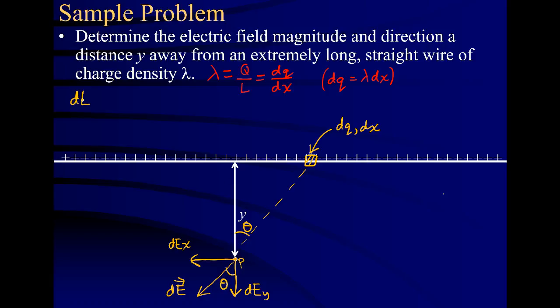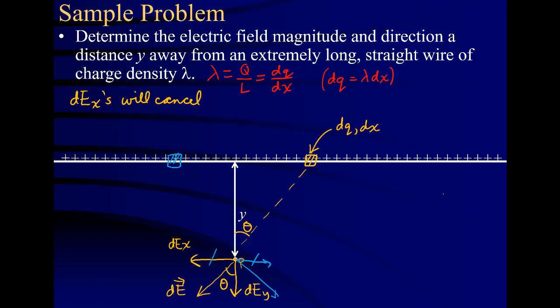So in other words, the dEx's will cancel. And the reason for this is that on the other side of where we're located, there's going to be another chunk right here, which is going to cause another field going this way, which will have an x component that will cancel out. Okay? So that means that the only thing that's going to be left is dEy.